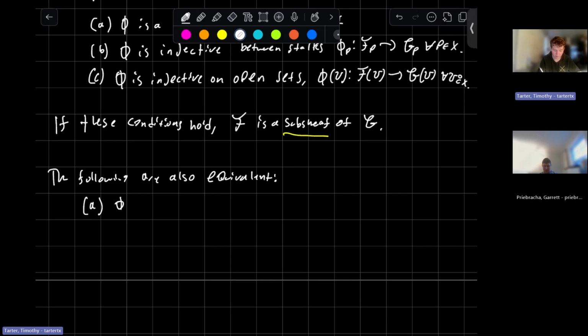A, phi is an epimorphism in the category of sheaves.